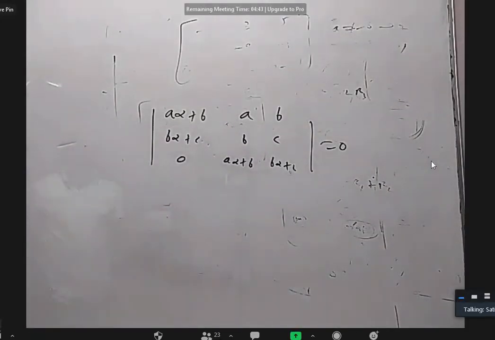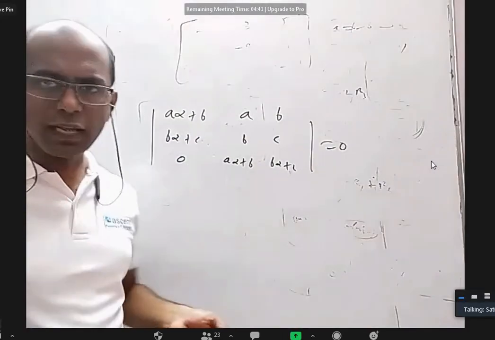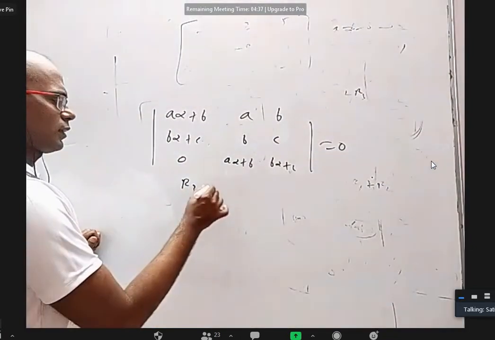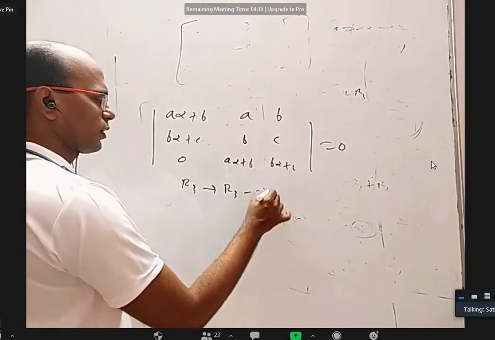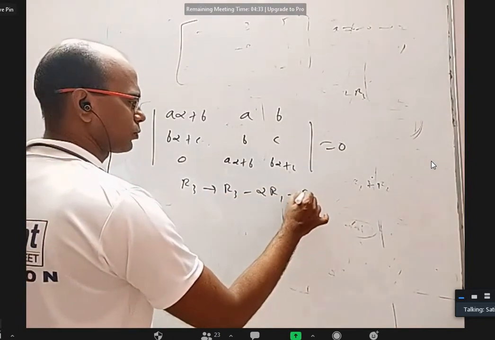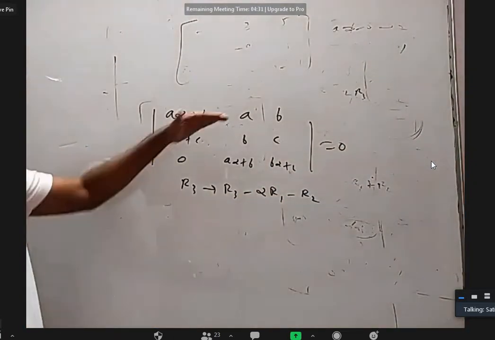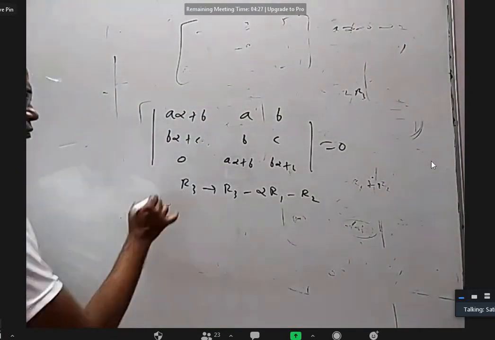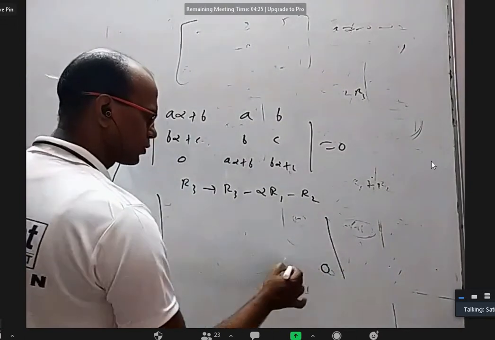I can expand this determinant directly, but I can do one more thing. I can write R3 as R3 minus alpha times R1 and R2 as it is. Multiply this with alpha and subtract here. The advantage of this is this will become 0, this will become 0.